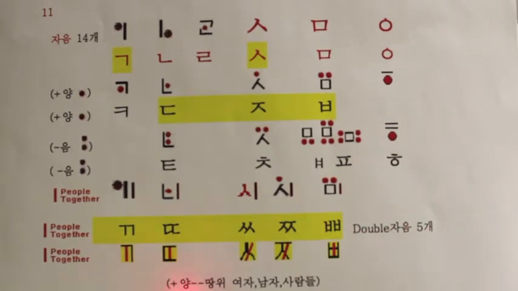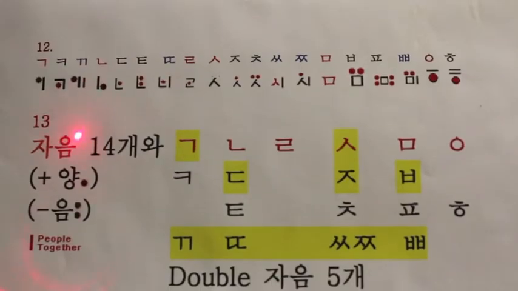Positive yang, above ground, woman, man, peoples. These make the 5 double consonants. Finally, we made 19 consonants, 14 single consonants, and 5 double consonants.